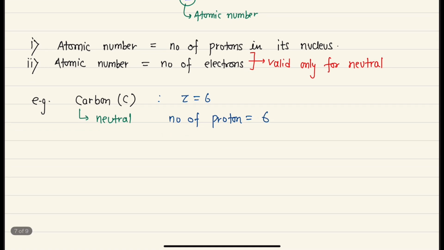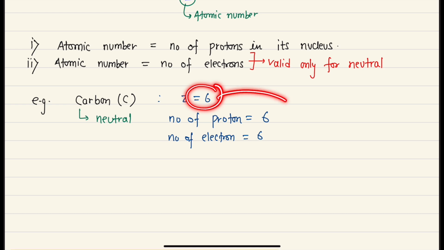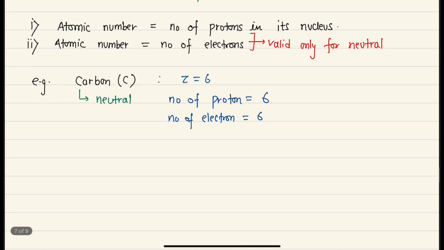Now if I ask you the number of electrons, that is also equal to 6, because this is a neutral atom, and for a neutral atom atomic number equals number of electrons. So this same atomic number will be the number of electrons also.